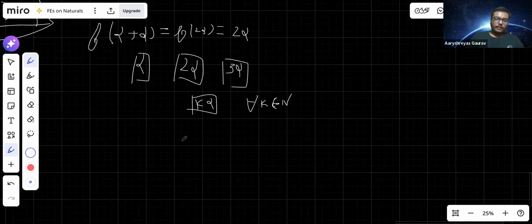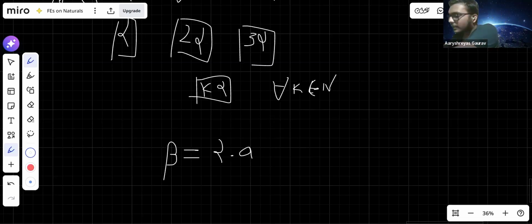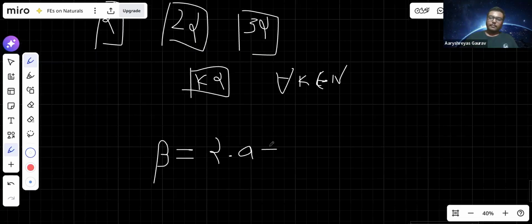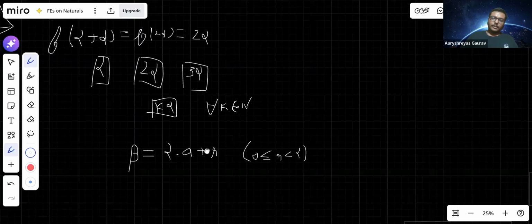That will make us take some value beta, which is alpha times, let's say, a, plus some remainder r, in which of course 0 is less than or equal to r and less than alpha.